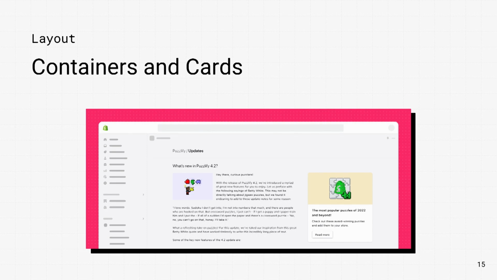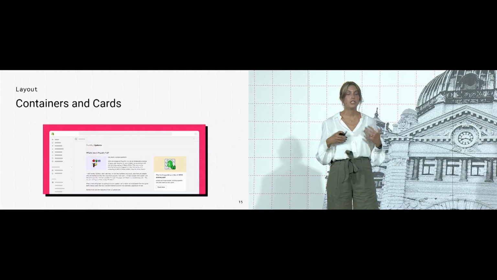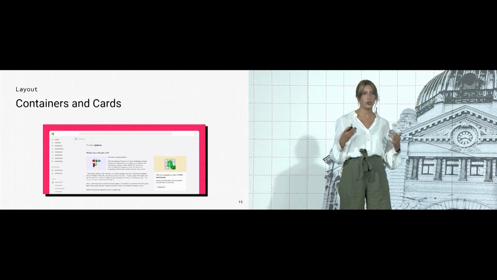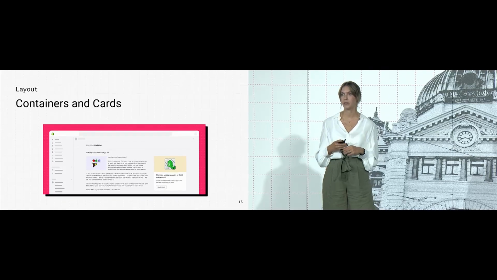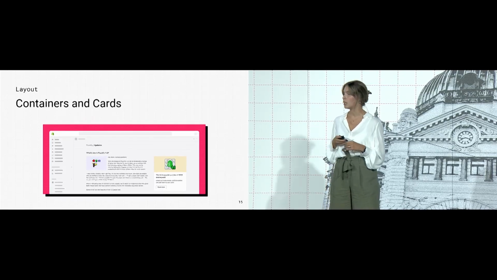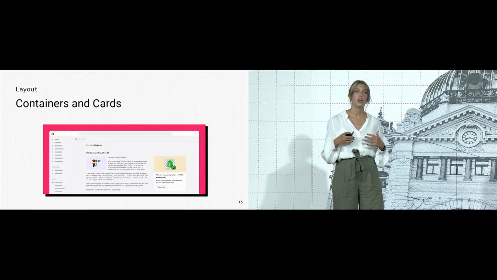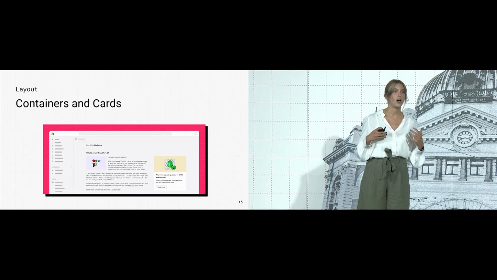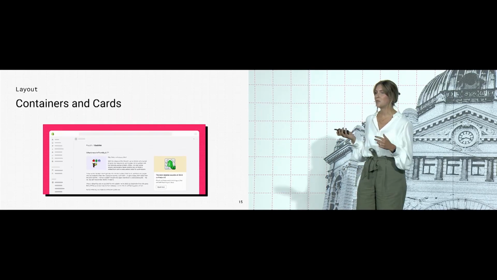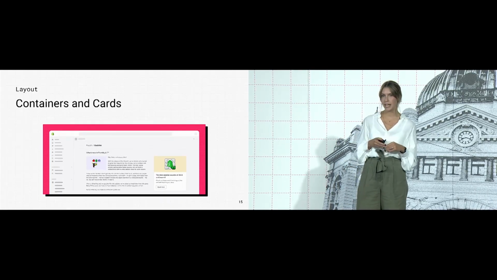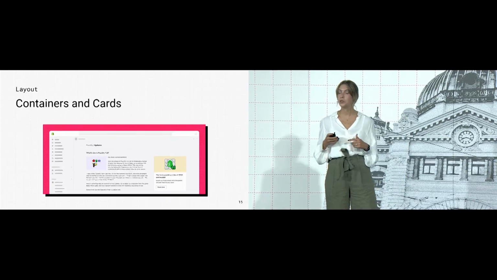So another thing with the layout is the use of containers. And most of your content should live in containers. This is because using containers will really help structure your content and create a natural hierarchy of information. So in the example here, you can see that by putting long, dense content right on the background, it really makes this app feel disconnected from the rest of the admin and also reduces readability.